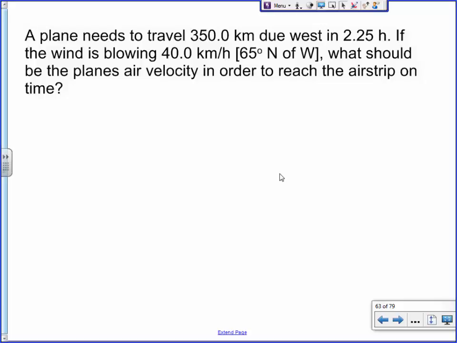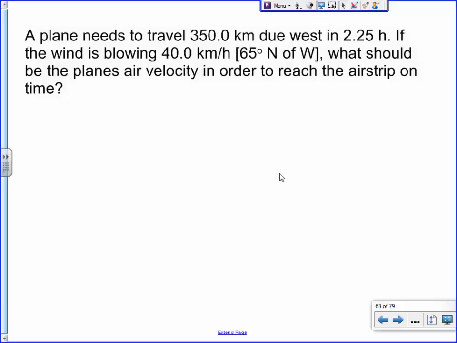Does that make sense? It's going north of west. And the 65 degrees is right here. That's where the wind is going. This black line right here, that's our resultant. I've actually given you the resultant. Does that make sense? This in red is the air.